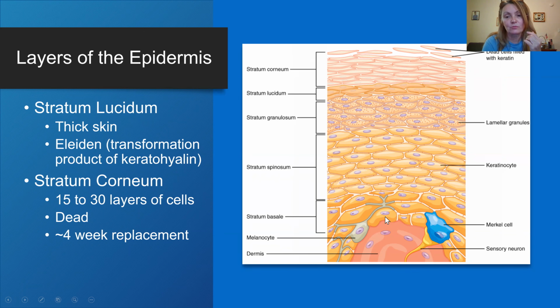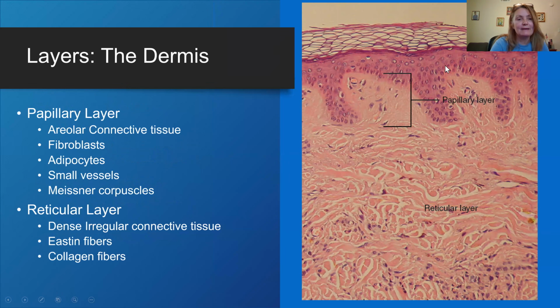So pretty much this cell dies off and becomes just a membrane filled with proteins, and then you're just losing it, right? You're shedding it all. Okay.